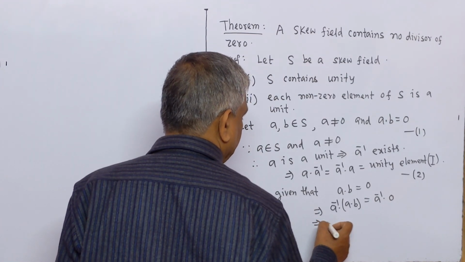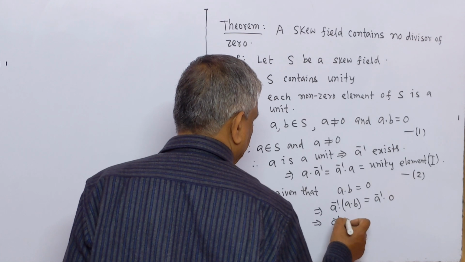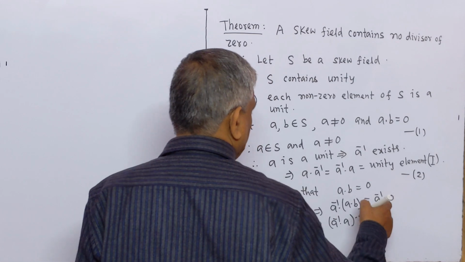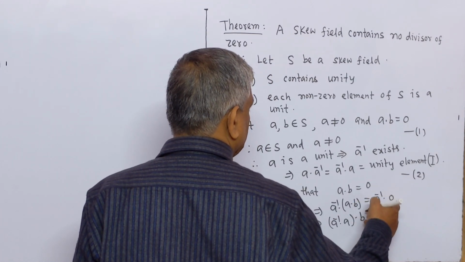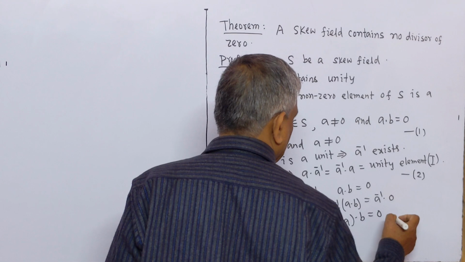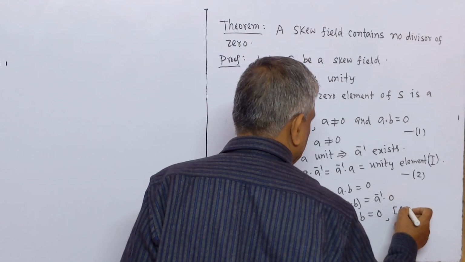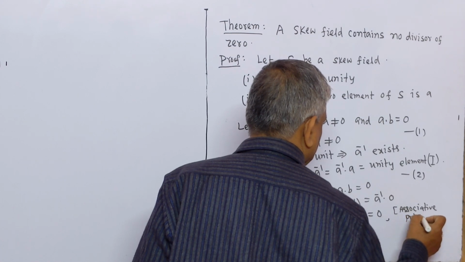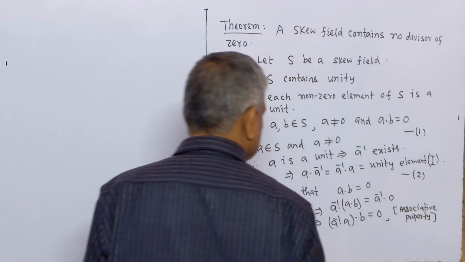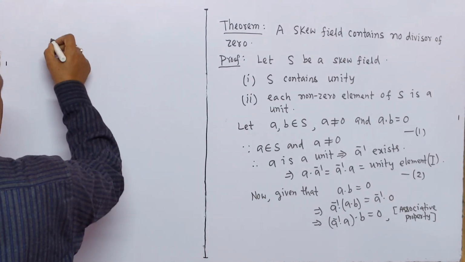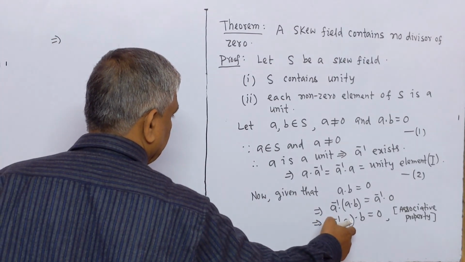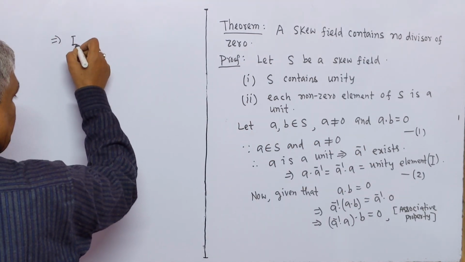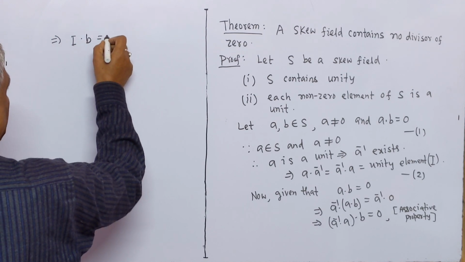By the associative property, and since multiplication of any element with the 0 element is 0, A inverse multiply A equals the unity element I, so I multiply B equals 0.